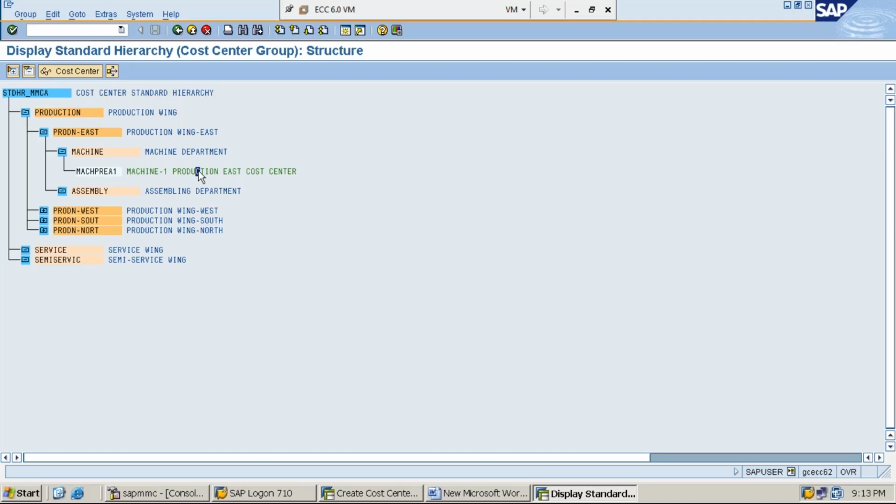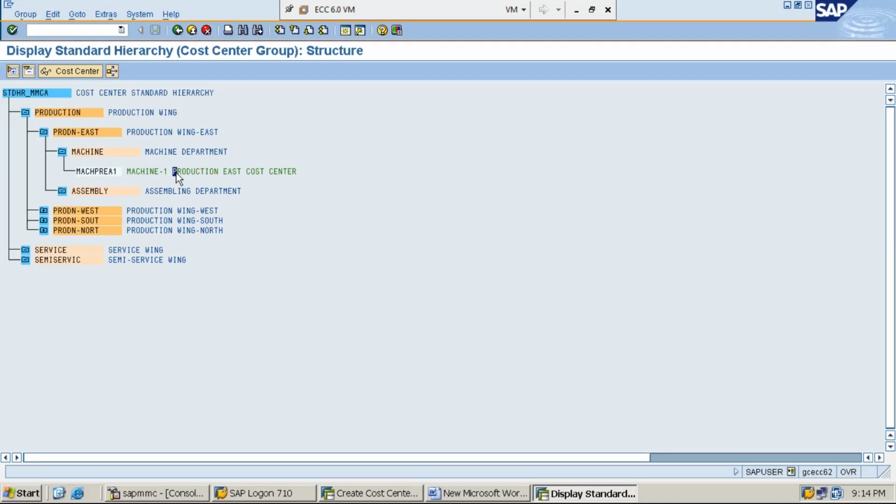That is the end point. Production east has been bifurcated into machine and assembly. In machine, you have created a cost center called machine 1 production east cost center. This machine 1 cannot be further bifurcated into departments and sub departments. That is the last point.